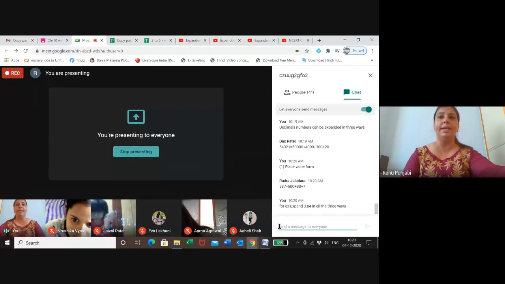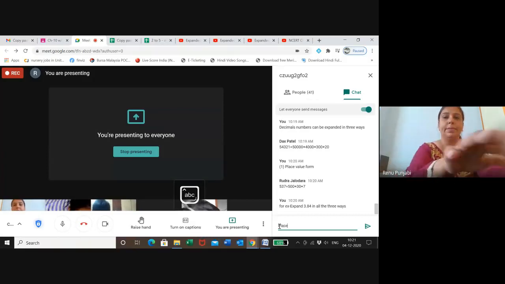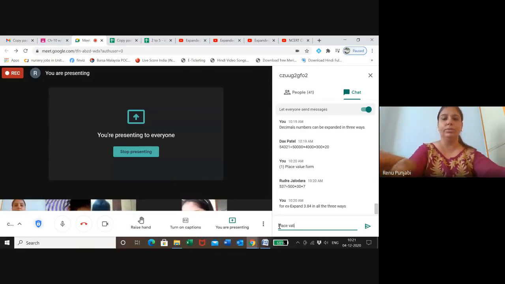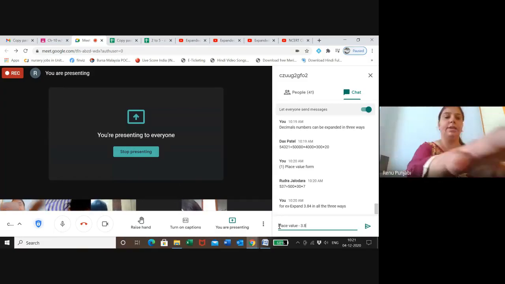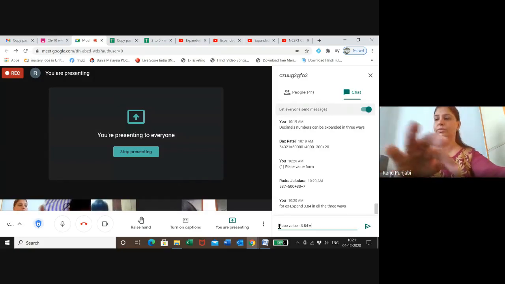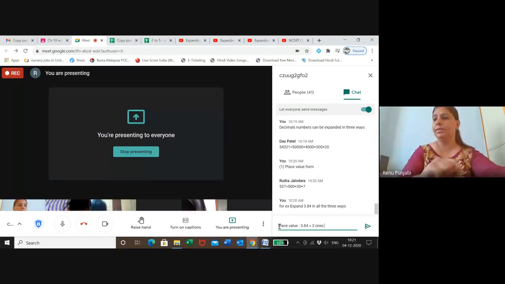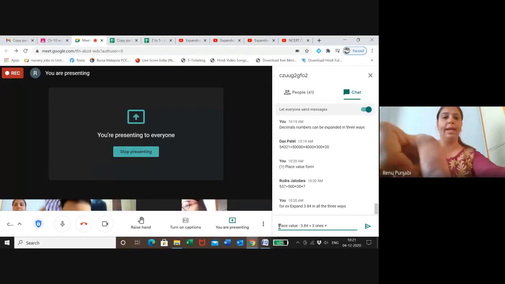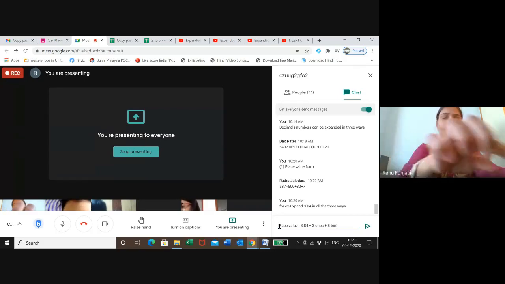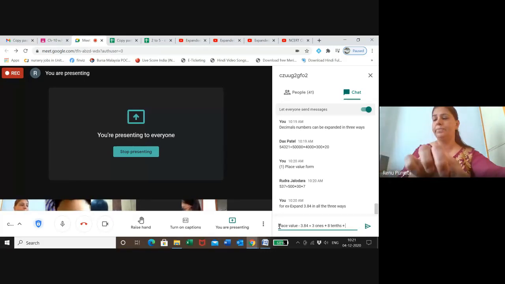Decimal numbers can be expanded in three ways. First is place value form. Now we are taking one example, 3.84. How we write 3.84 with place value? So I'm writing it: 3.84 equals, with the place value we write 3 ones plus 8 tenths plus 4 hundredths.